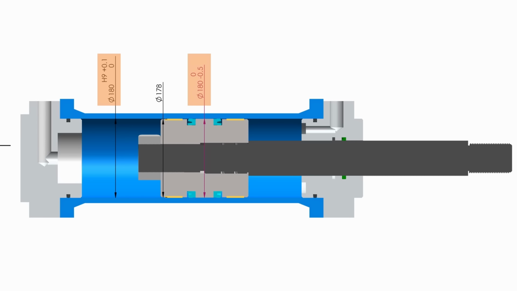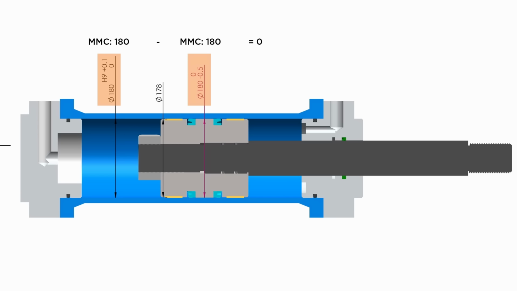So even if the cylinder bore diameter is manufactured at LMC 180.1 mm and the piston diameter is manufactured at LMC 179.5 mm, the maximum possible clearance would be only 0.6 mm. And if both are manufactured at MMC, maximum material condition, then the smallest bore size will be 180 mm and the piston maximum diameter will be 180 mm.